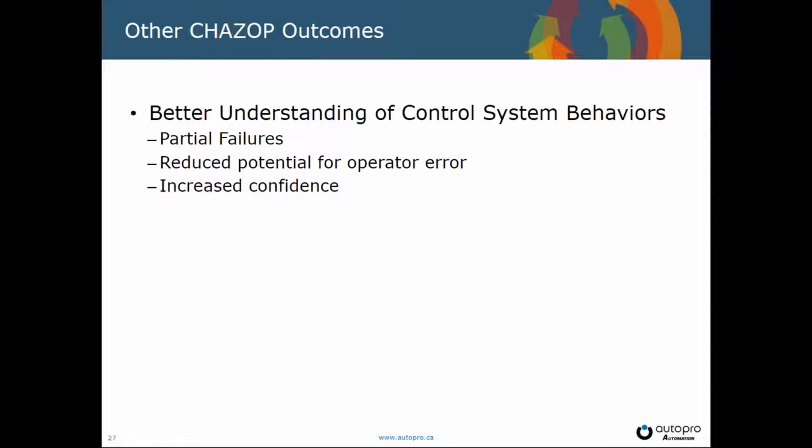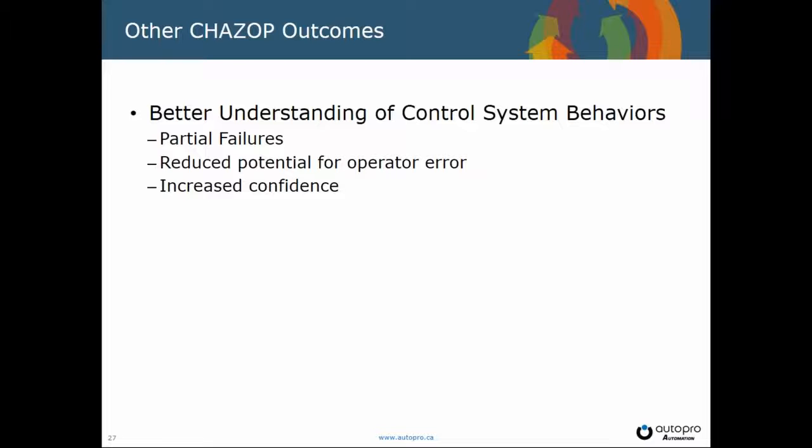So other CHAZOP outcomes. We're just trying to have a better understanding of what our control system is, how it behaves under either full or partial failure. We can identify areas where there could be potential for operator error.